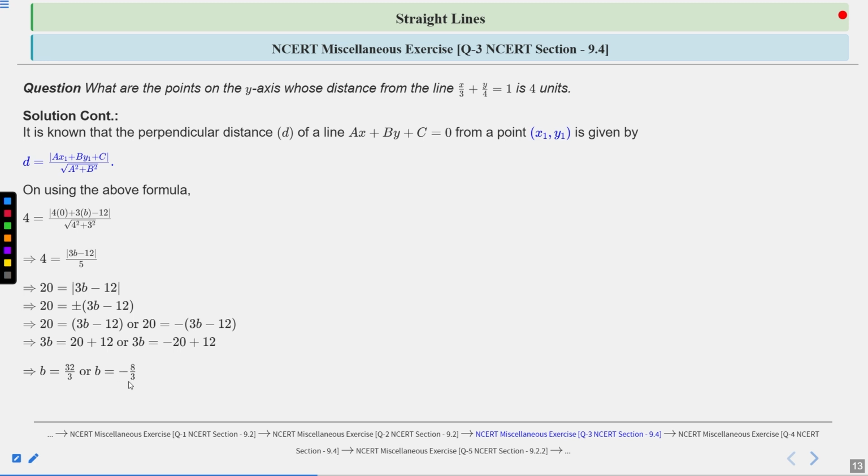So we obtain two values of b. Thus the required points are (0, 32/3) and (0, minus 8/3).